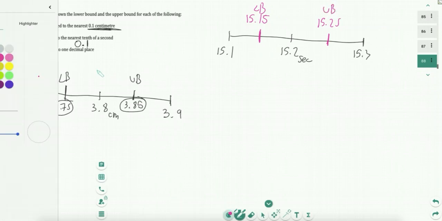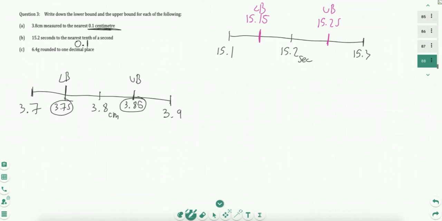And then the final one, 6.4 grams rounded to 1 decimal place. 1 decimal place means the first decimal place, and the first decimal place is always a tenth. So we're going to add and subtract a tenth, which is basically 0.1, to both sides.